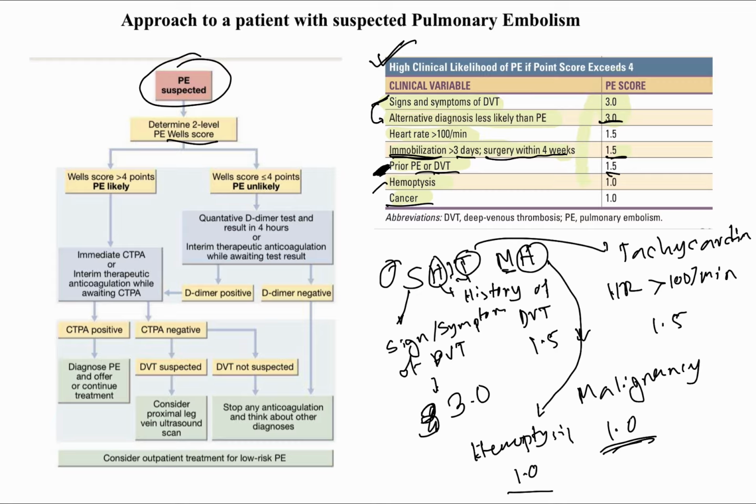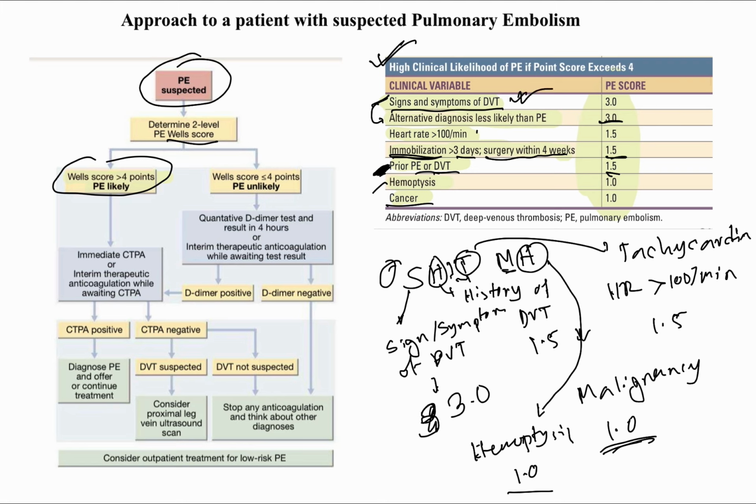So after scoring according to this Wells scoring system, if the score is more than 4 points, then pulmonary embolism is very likely. Say for example, a patient has sign symptoms of DVT.